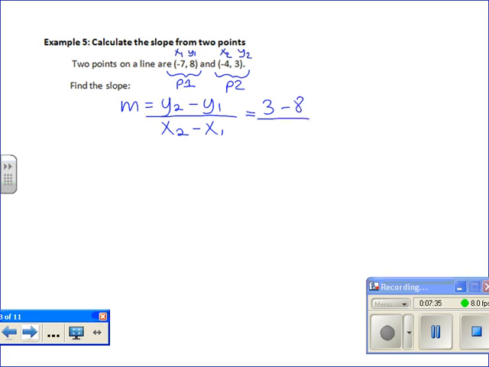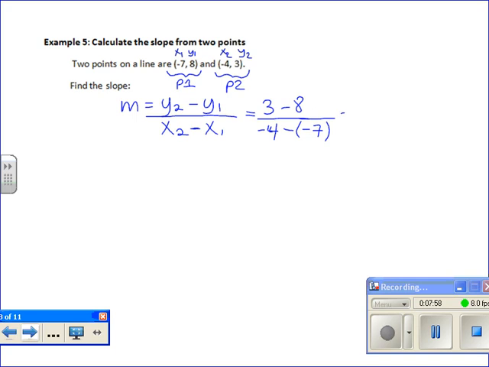And on the bottom I have to put x2, so that's negative 4, and then I'm going to subtract x1, and x1 is negative 7. When we have a negative value, I have to make sure I write that value in as a negative. So it's subtracting a negative.